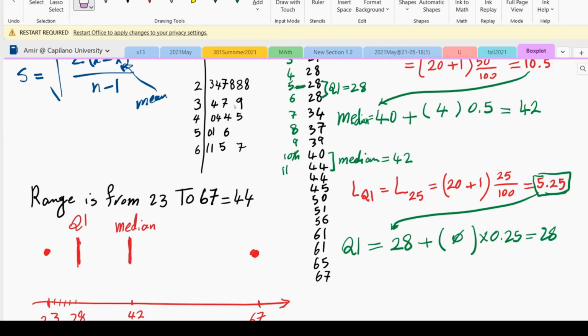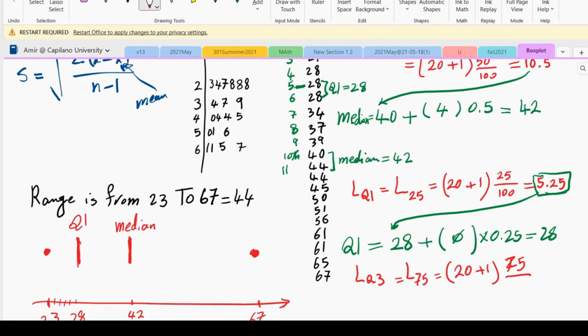The next thing that we do is we find the location of quartile 3. Quartile 3 is where 75% of observations are below, or the location of the 75th percentile, and that would be 20 plus 1 times 75 divided by 100. Help me. 15.75.